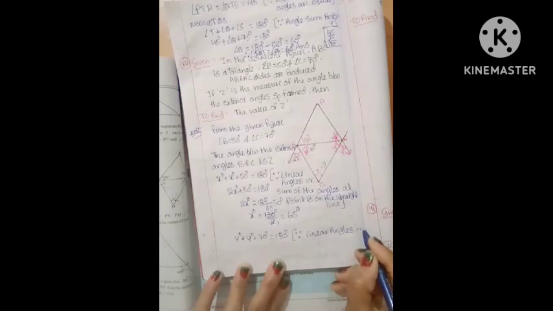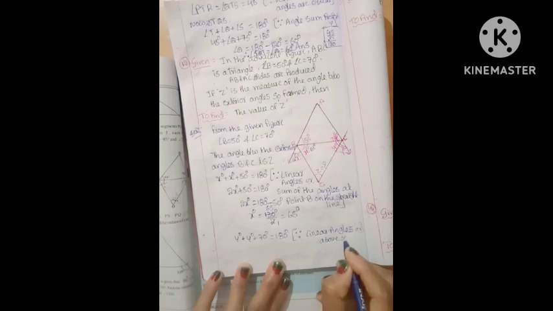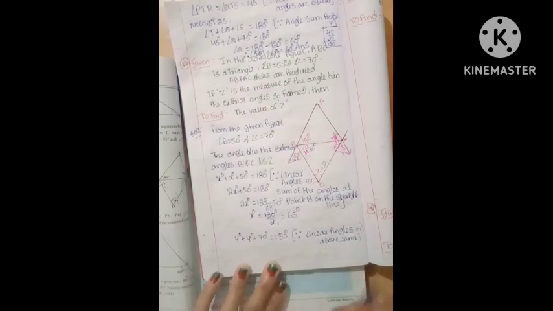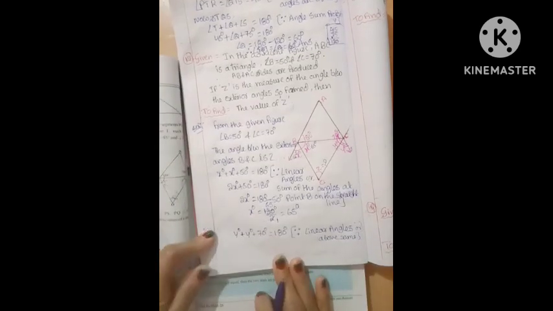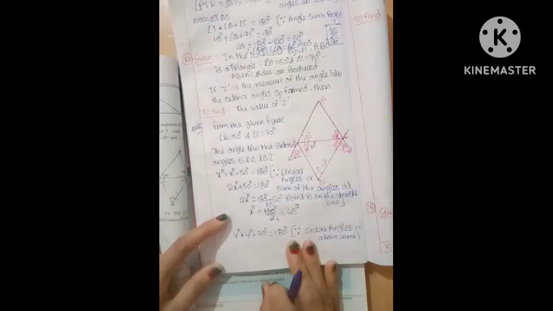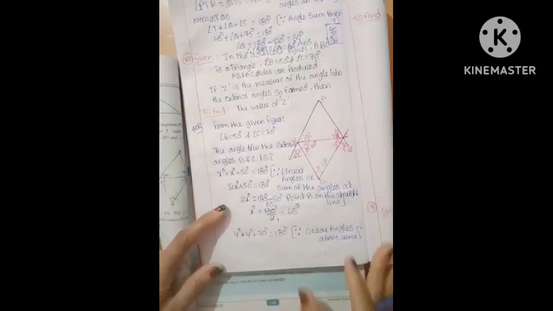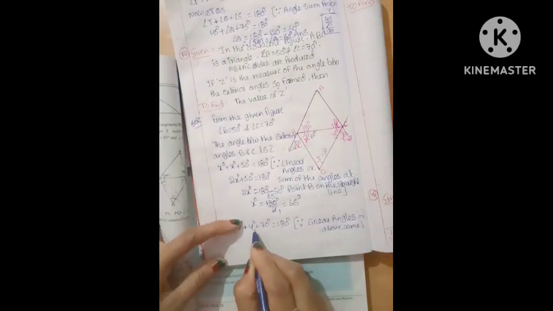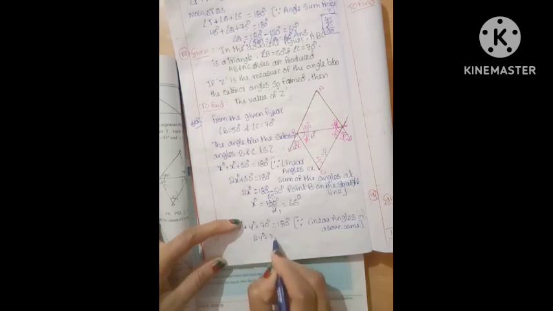The same property we are using only. In this one also, the left side and right side are both the same. Okay. y degrees plus y degrees is nothing but 2y degrees plus 70 degrees is equal to 180 degrees.